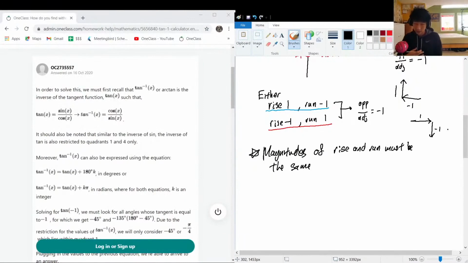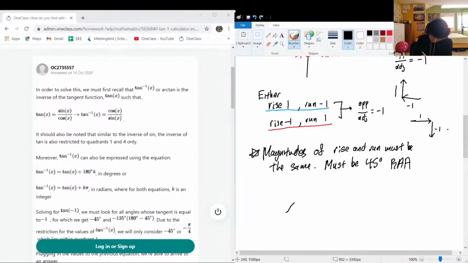Magnitudes meaning if you just convert it to an absolute value. So the magnitudes of those are the same, and the related acute angle must be 45 degrees.